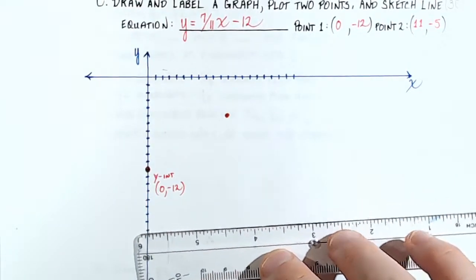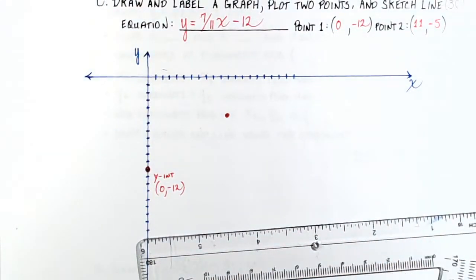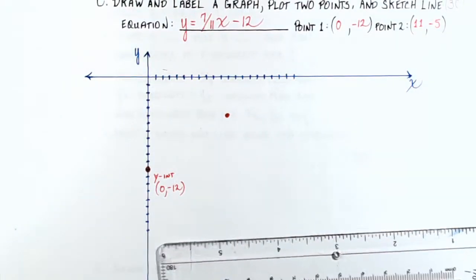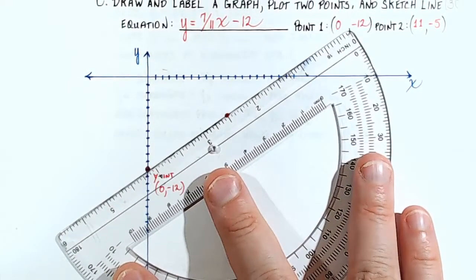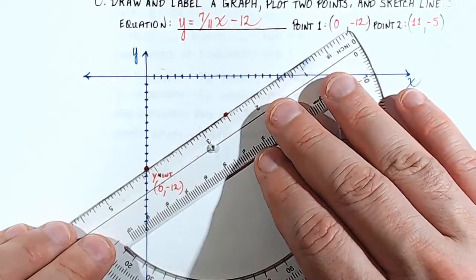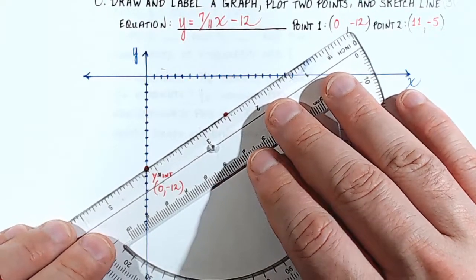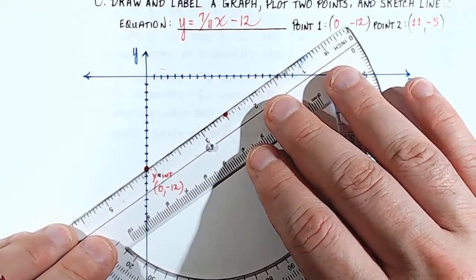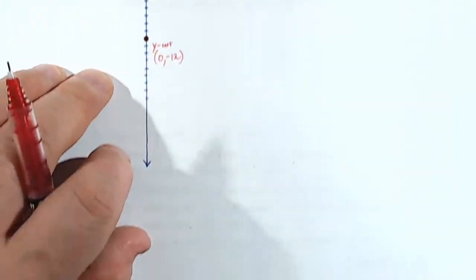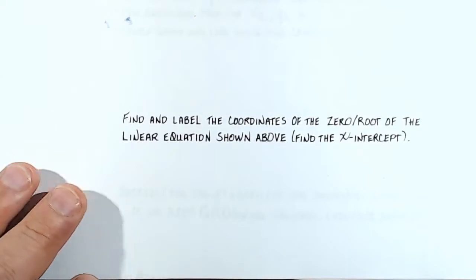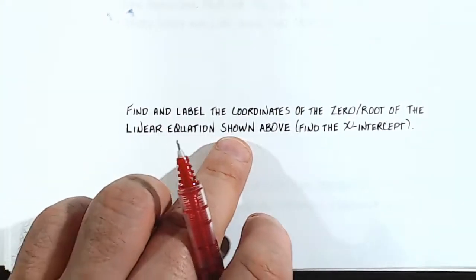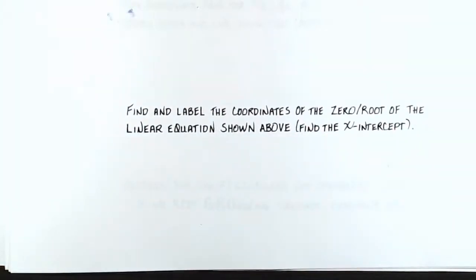Now before I plot this in, I want to find the x-intercept. I want to know where this line will eventually cross the x-axis before I draw it in. Because look, very small changes in where I put this ruler will have big changes in where this thing crosses the x-axis. So I want to be sure I'm putting it in the right place. It says find and label the coordinates of the 0 or root of the linear equation shown above. In other words, find the x-intercept.